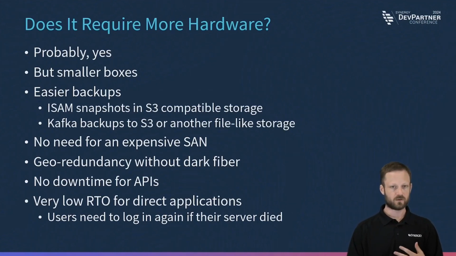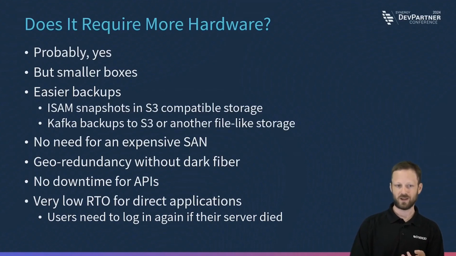The holy grail here is use APIs, use web applications, and then no one knows if their node went away because it was handled gracefully. And with that, any questions?